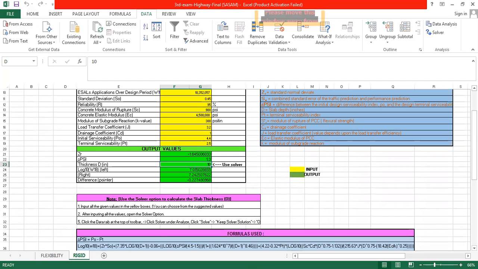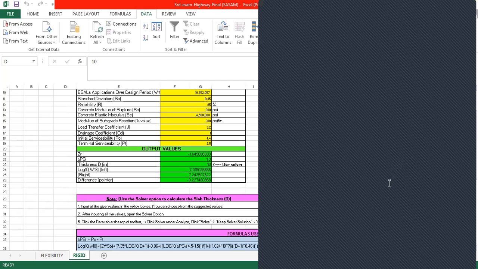9.17 inches, which should be very close to the 9 inches and is only a minor change from 9.21 from the previously obtained.